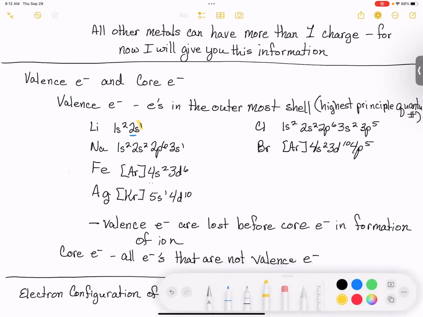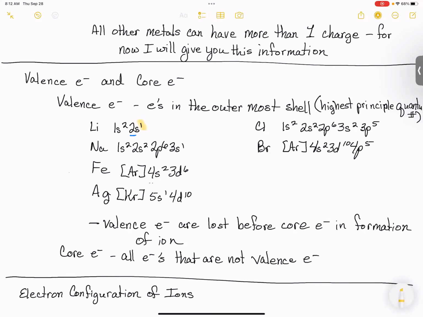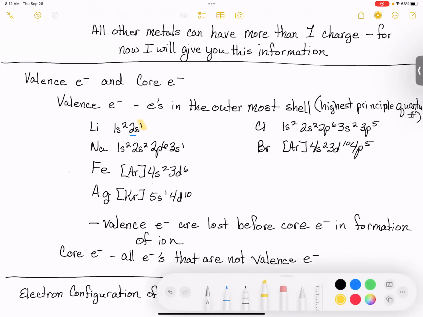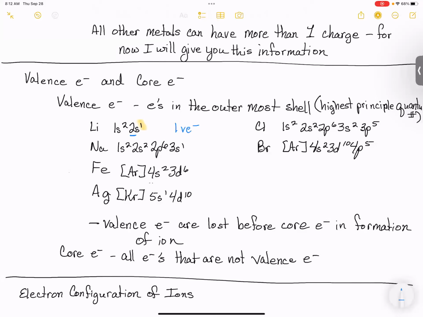There is 1 electron in that quantum number of 2. So lithium has 1 valence electron. And it is that valence electron that's responsible for its charge, because if you'll recall, I said group 1 always forms a +1. Group 1 always forms a +1 because they have 1 valence electron.